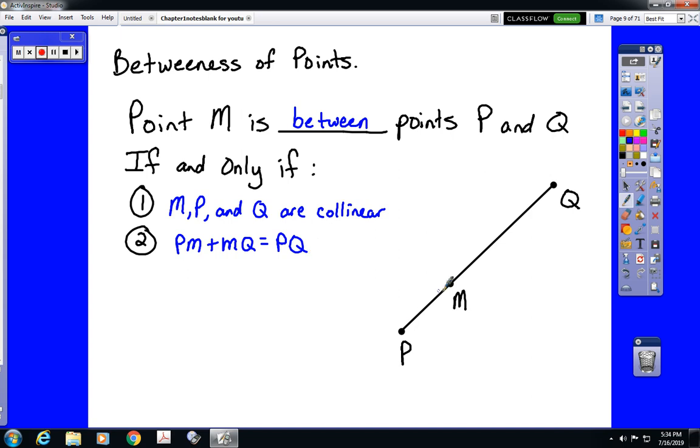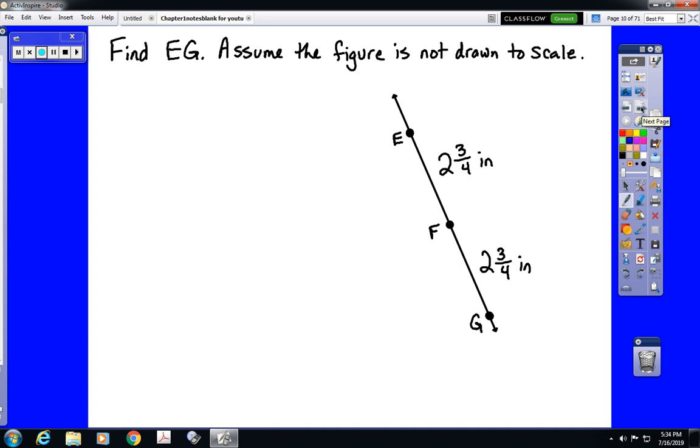So PM, this length here, plus MQ equals the entire length of PQ, which makes perfect sense when we think about it. Let's do an example. So here's a picture of a line EG that contains points E, F, and G, and it asks us to find the length of EG.